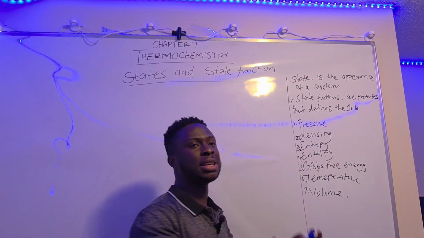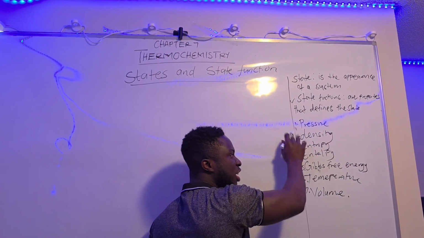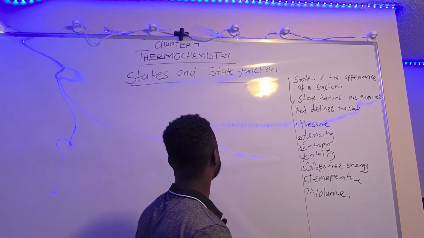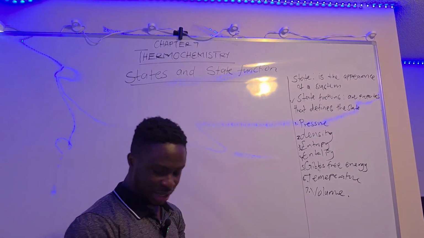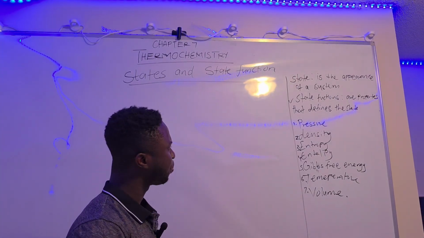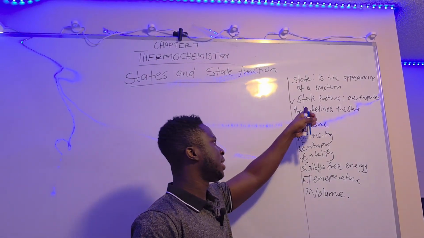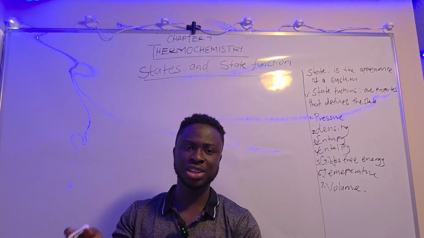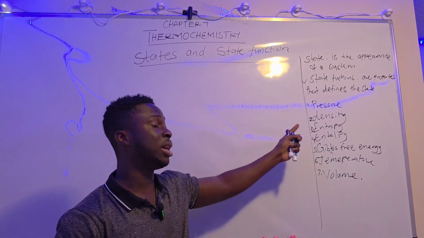So if a system changes any of these properties, then it undergoes what we call a process. But for today, we are doing the states and then the state functions. Now, the state functions do not depend on a process, meaning they don't depend on the path taken, but they might depend on themselves.